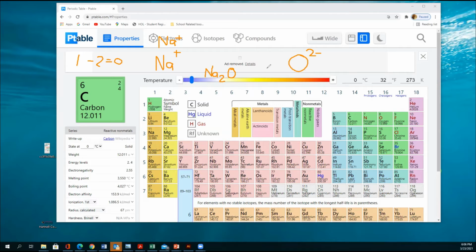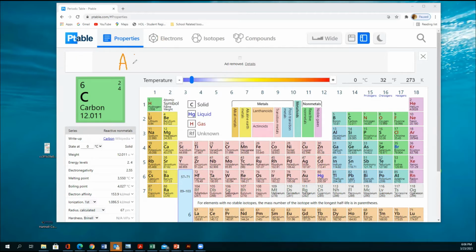So it takes 2 sodiums for every 1 oxygen. When I bring them together, they have a 0 charge. That's why we don't have any charges on these guys. Does that make sense? Yeah. Okay, so let's try another one.